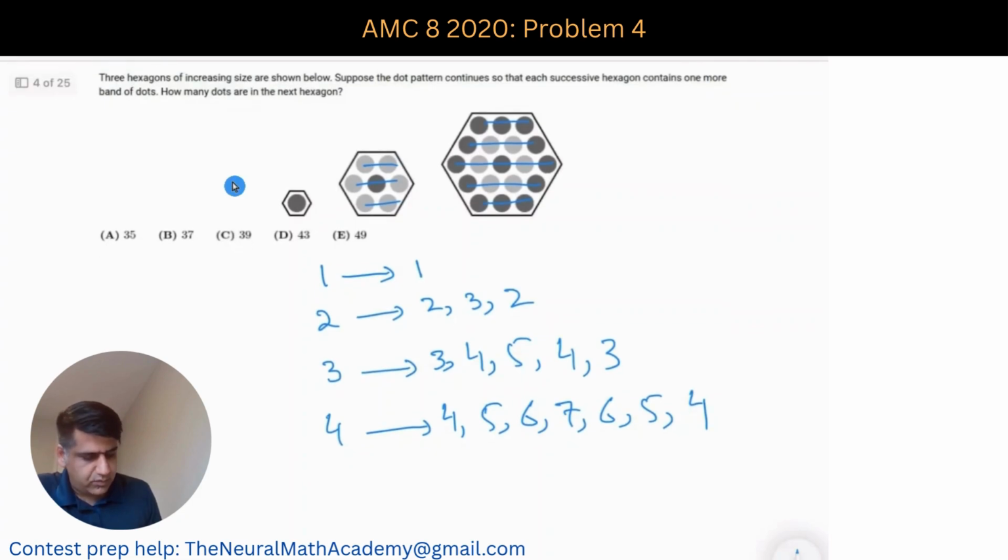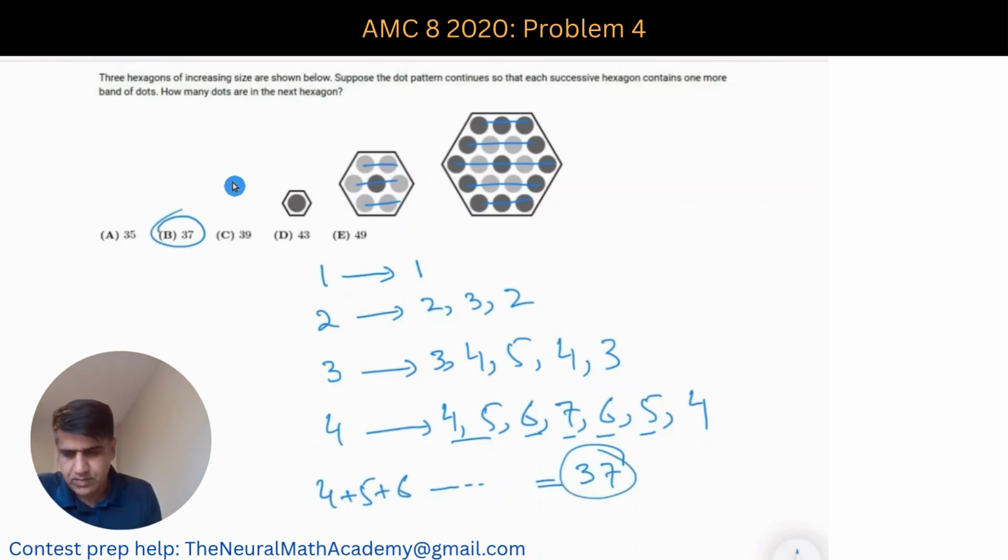The total number of dots will be simply 4 plus 5 plus 6 and so on. If we add, we get 9, 15, 22, 28, and then 37. So the answer should be B for this problem.